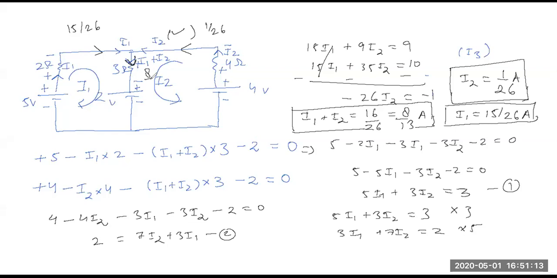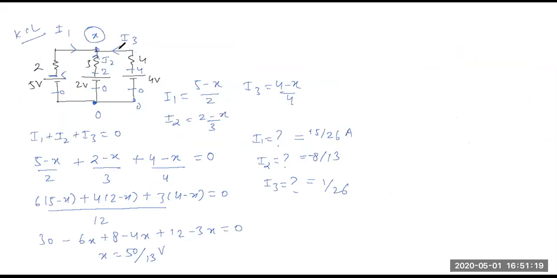That is 8 by 13. And if we'll compare it with the previous one, what was the current in this branch? 1 by 26. What was the current in this branch? 15 by 26. And what was the current in this branch? 8 by 13. नहीं आया.